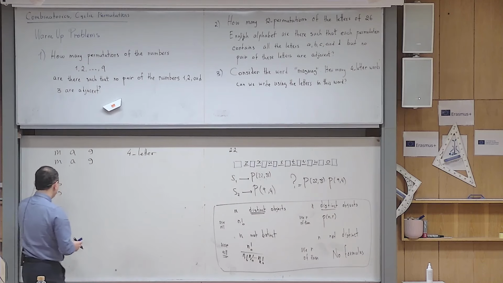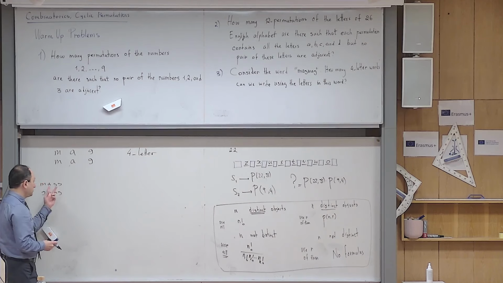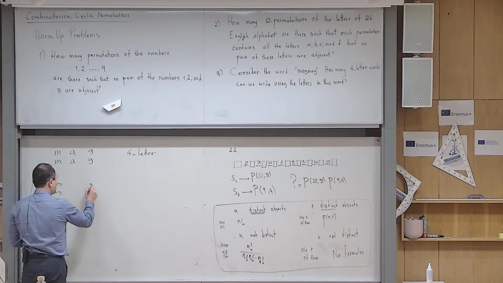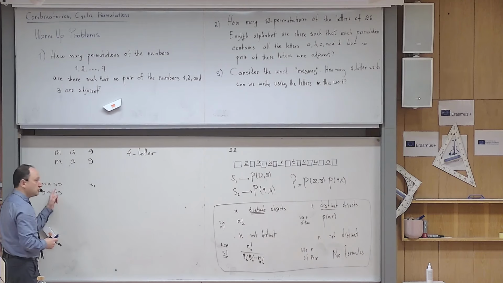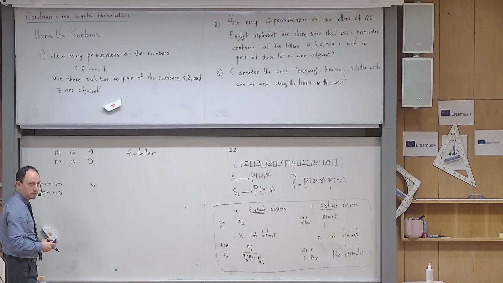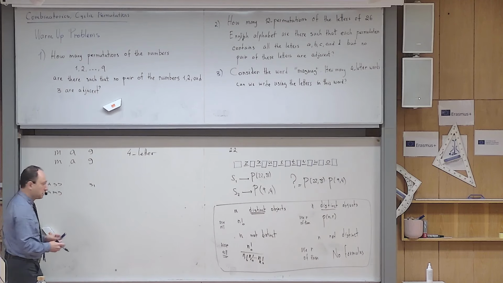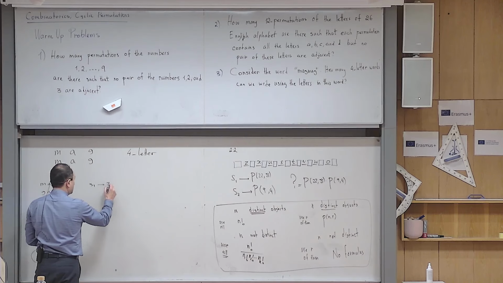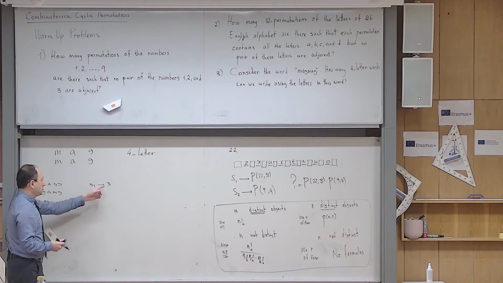Okay, I decompose this problem into 2 stages. Stage 1 is choosing the letter that is supposed to be repeated. How many options do I have? 3. I can choose A to be repeated, or G, or M. So stage 1 has 3 options.